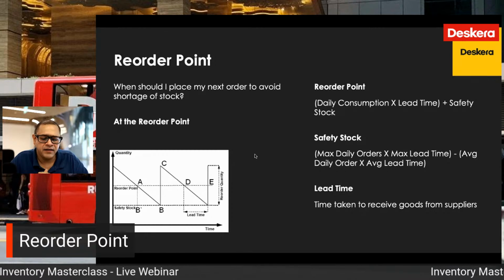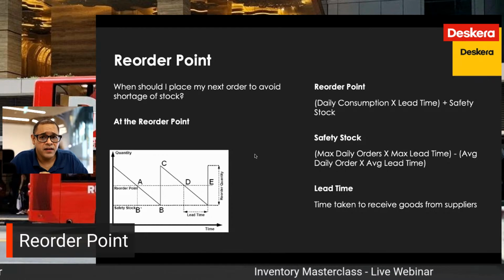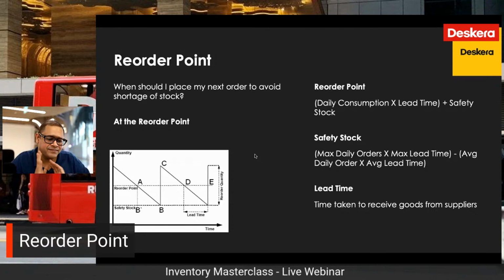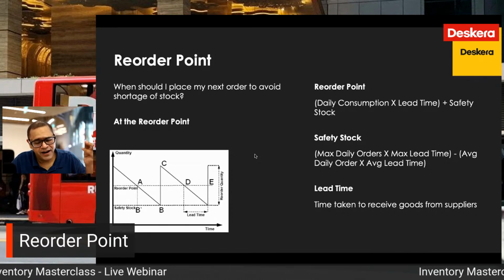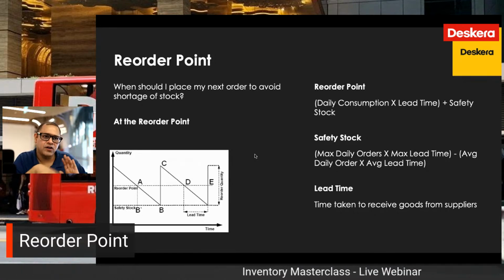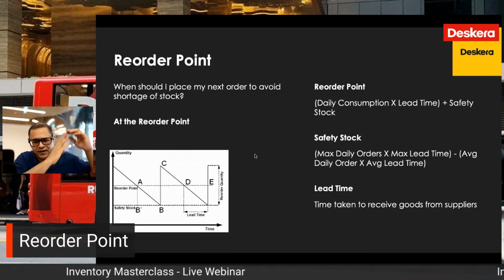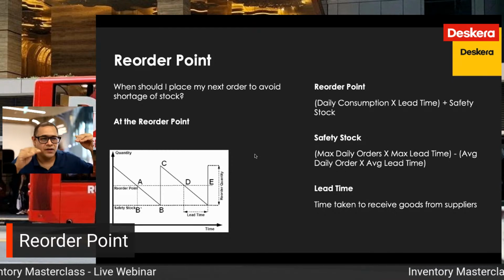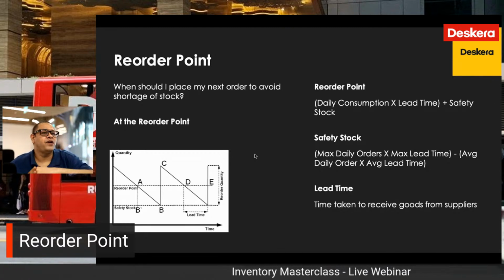But the ideal reorder quantity that you should go for, without looking at any other thing, is just your daily consumption rate times the lead time. Correct. Because that is what you are going to refill. And that is what will be reduced by the time you get to your reorder point again.